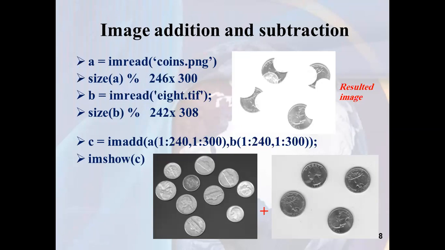So if I want to reduce the brightness of this image, I may subtract a constant. You can apply this in your MATLAB. You can add A and B, then subtract from the resultant image C, for example, 70 or 80, and you can see that the brightness of this image will be lower and more dark, and not a whitened image as we have seen here.